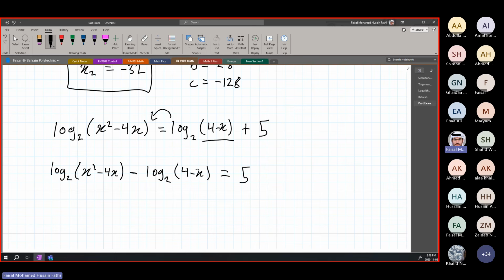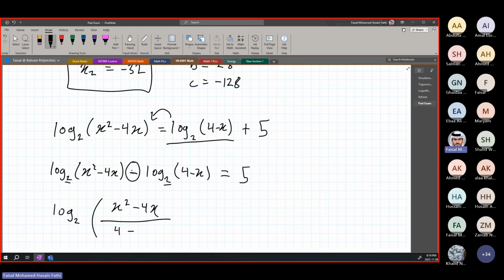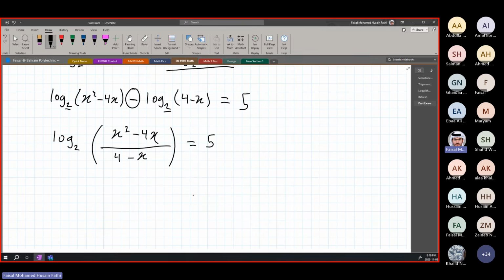All I did was move this term to the other side. Now, by the rule of minus in logs, you can combine them as long as we have the same base, 2 and 2. We can just say log 2 of x squared minus 4x divided by 4 minus x, because minus means divide, equals 5.